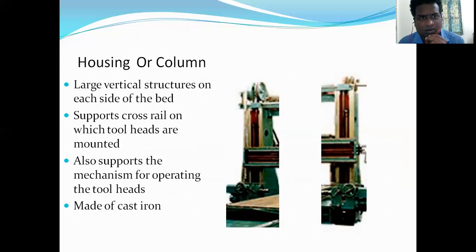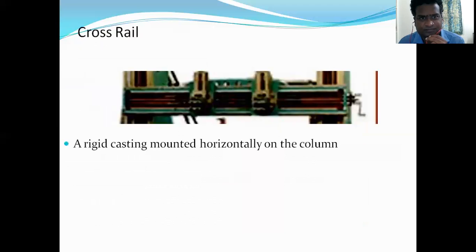So housing or column, large vertical structures on each side of the bed, supports the cross rail on which tool heads are mounted, and also supports the mechanism for operating the tool heads. It is made of cast iron.